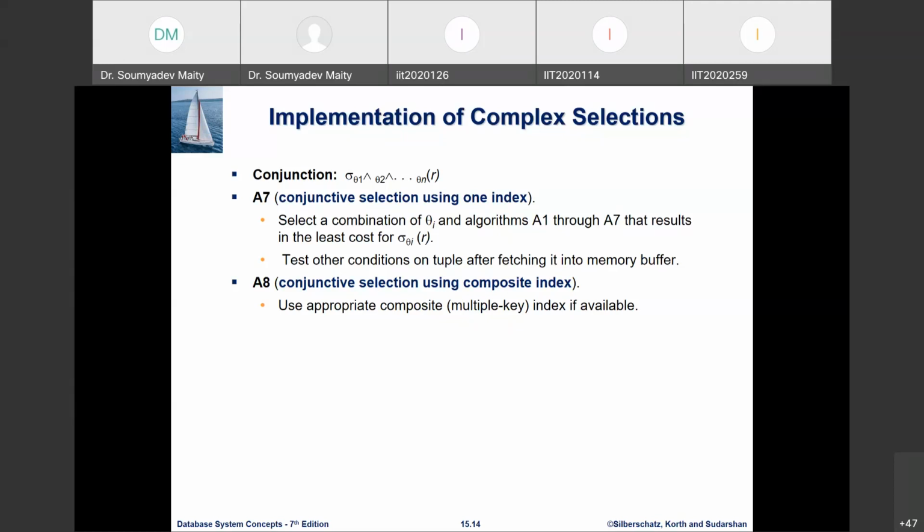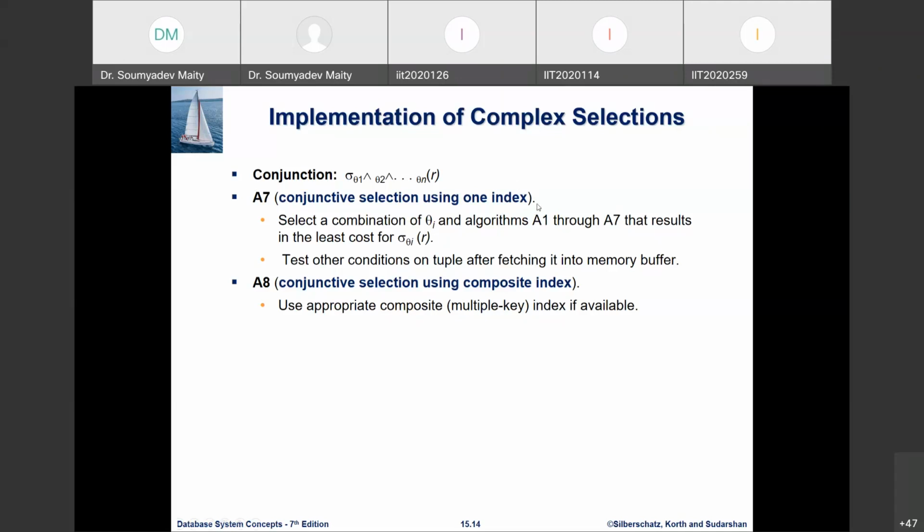But if you make an index on roll, say age and CT combination, then it is a composite index. So if you have a composite index, how can you take the advantage of that while calculating the result of a conjunction?